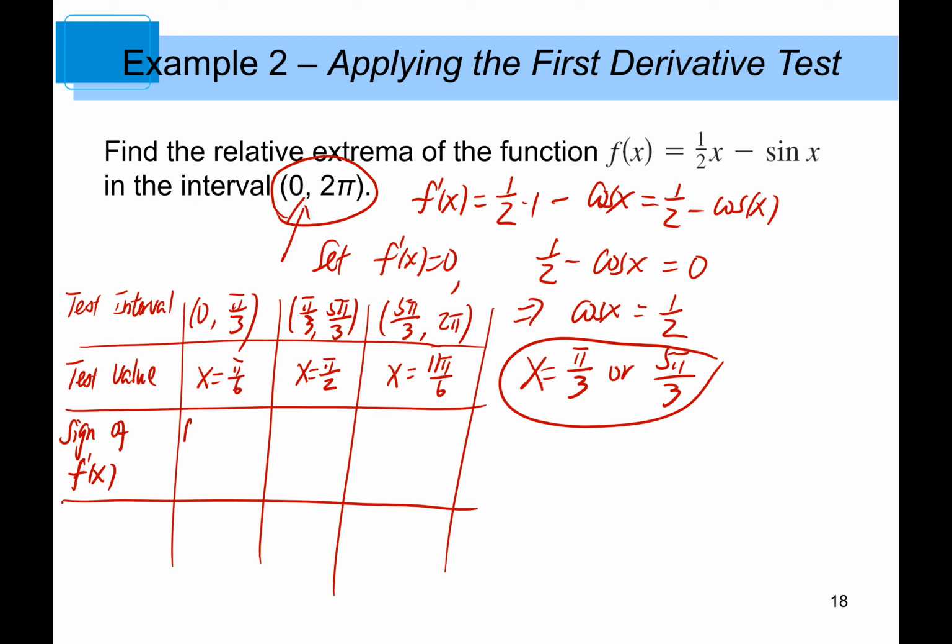So we're going to replace f prime of pi over 6. So you get half minus cosine pi over 6. Cosine pi over 6 is radical 3 over 2. Now this is less than 0, so we have negative. That means it's a decreasing interval.